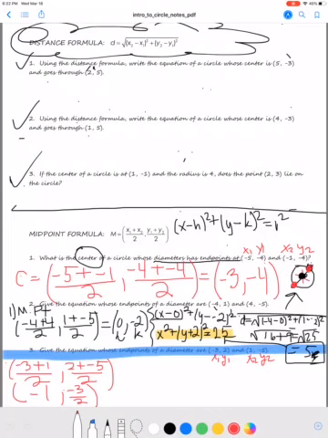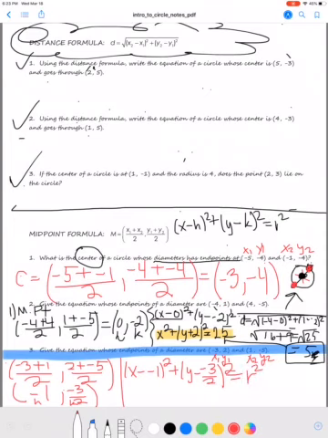So from here, that is my h, my k. I can plug that in. X minus negative 1 squared plus y minus negative 3 halves squared equals r squared.